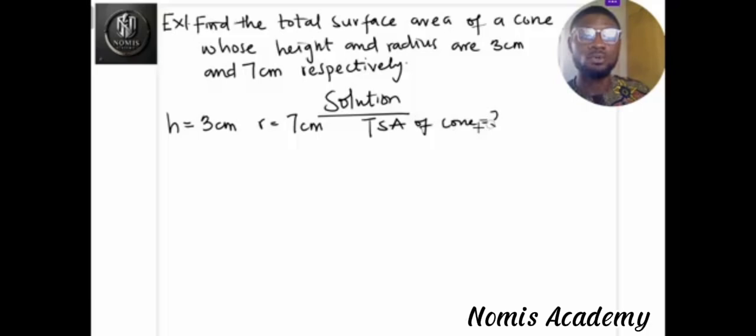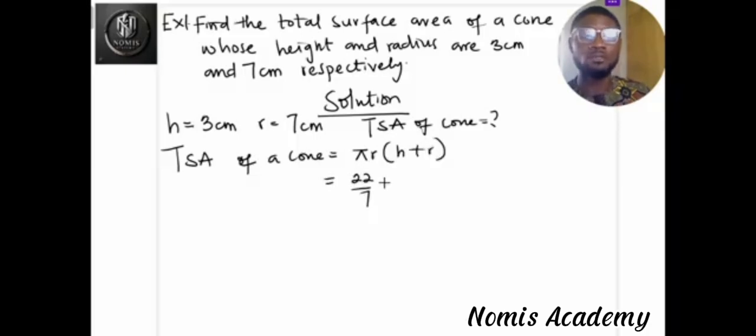Our formula: total surface area of a cone is equal to pi r, open bracket, h plus r, close bracket. So this is 22 over 7 multiplied by the radius, 7 centimeter over 1, open bracket, the height 3 centimeter plus the radius 7 centimeter.